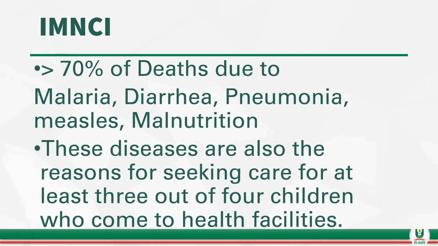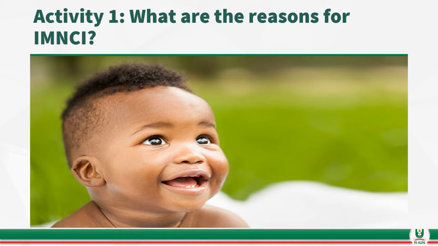At least 3 out of 4 children who come to health facilities come down with these diseases. Because these diseases are common in these low and middle income countries, and more than 70% of deaths result from them, this brings a picture of the integrated management of newborn and childhood illness.